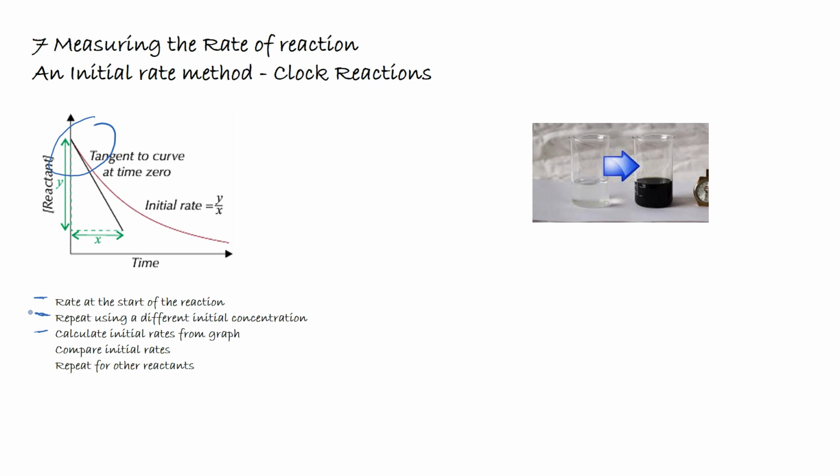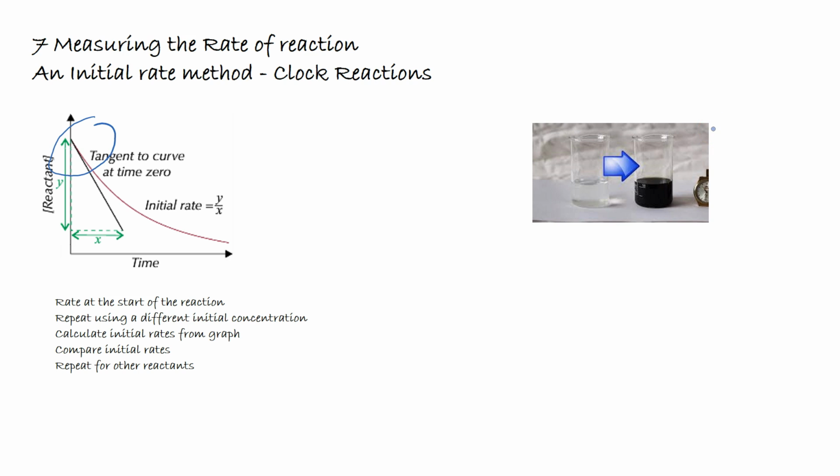We calculate all the initial rates from these graphs, and then we compare the rate of reaction when we change initial concentrations to give us the order of the reaction. And we covered that in a previous lecture on rates of reactions.